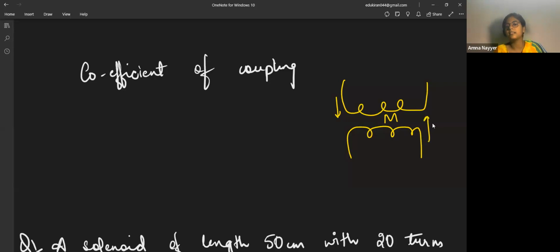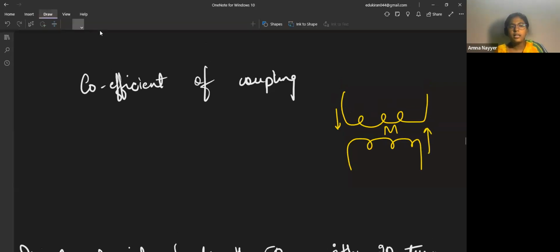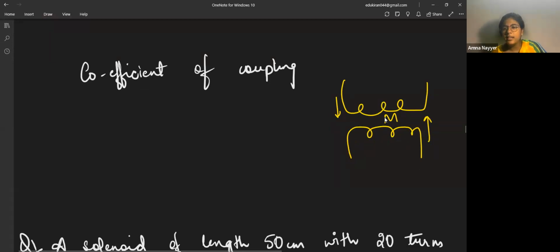Plus, if mutual induction is existing between the two coils, within these two coils, self-induction will also be existing. So mutual induction will occur, self-induction will occur within this coil also if current is changing. If current is changing here, then self-induction will occur here also. So you will have all the three together.